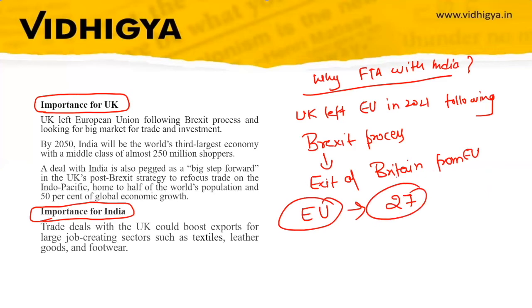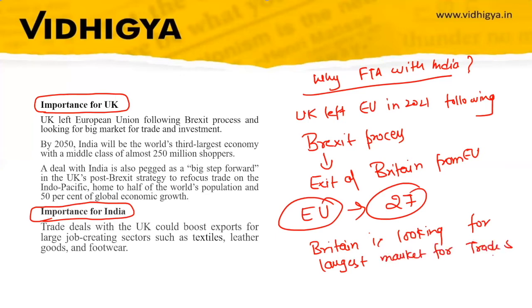So following the exit of Britain from the European Union, Britain is looking for a larger market for trade and investment. So this is the reason why UK is entering into an FTA with India.